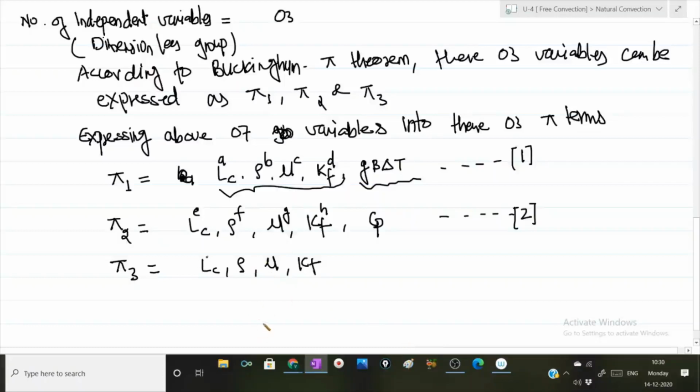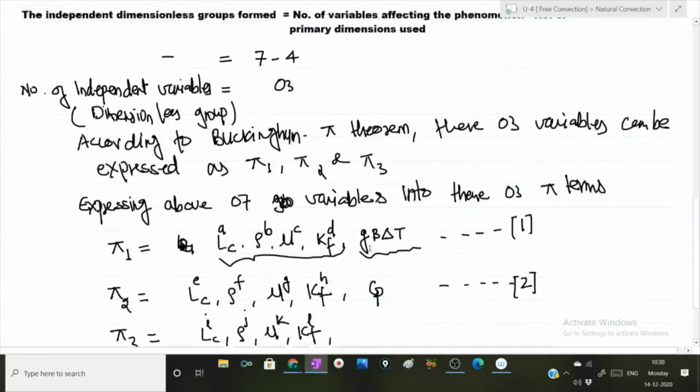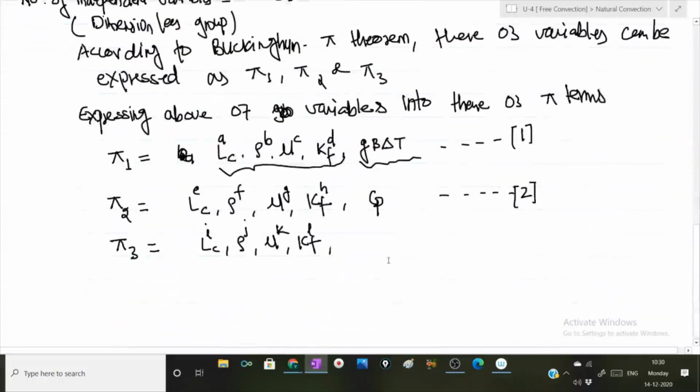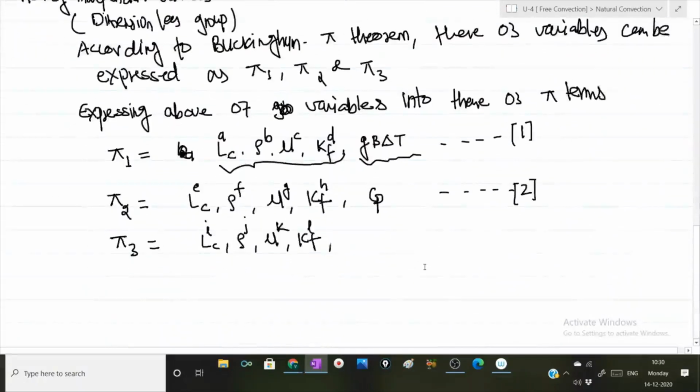Now their exponents will be I, J, K and L. The only variable left that can be selected as the selected variable is the convective heat transfer coefficient H. Let's say this is equation number 3.